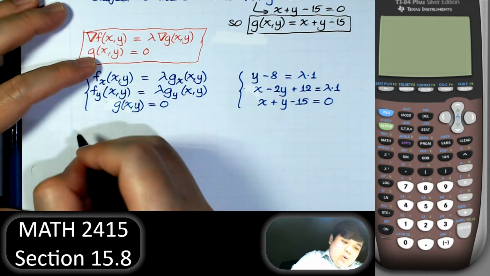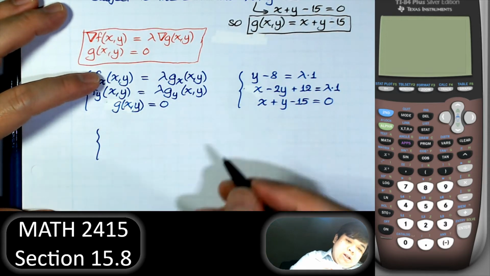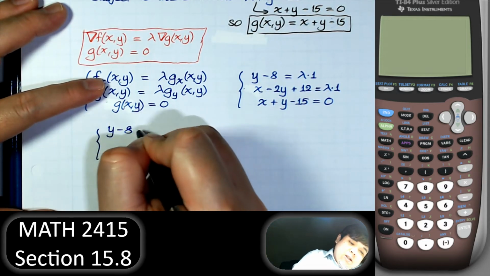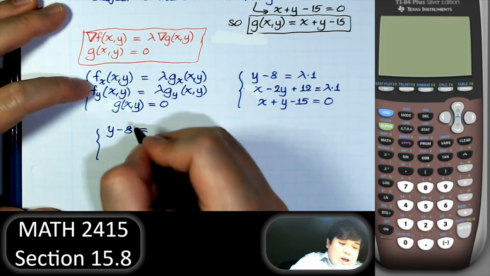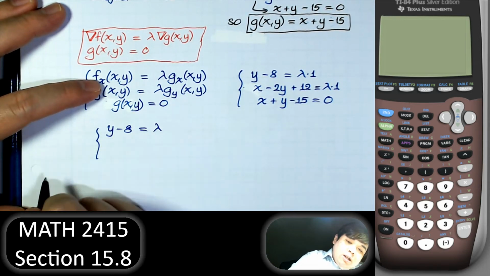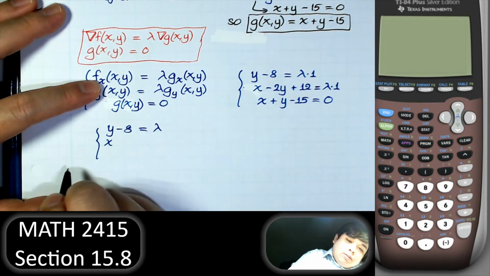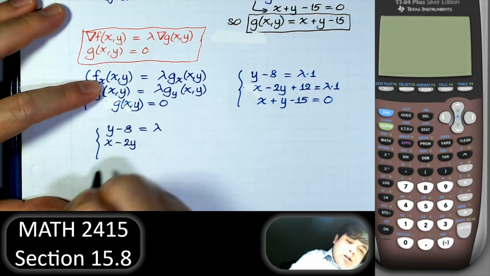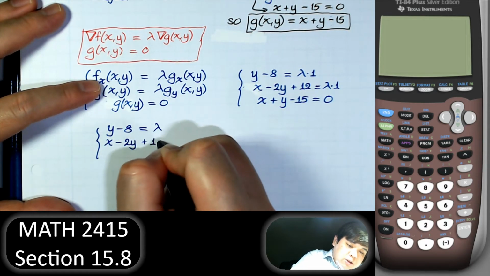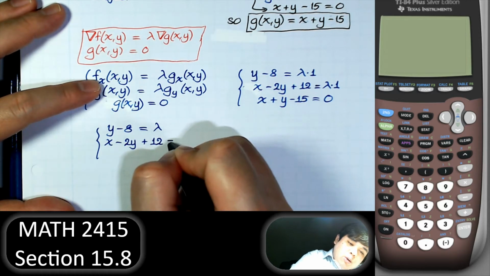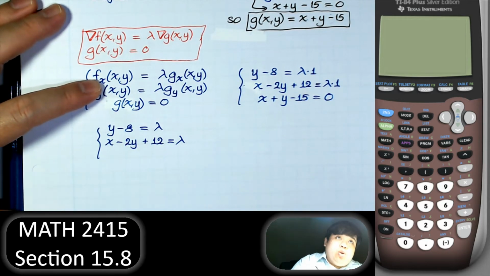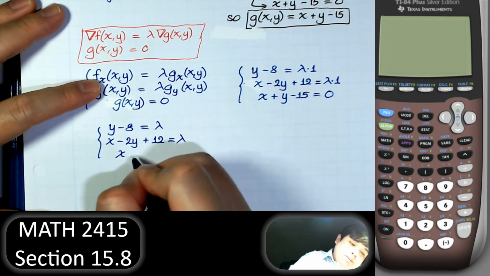Right, we write this equation: we will have y minus 8 equal to lambda, and x minus 2y plus 12 equal to lambda. Since both of them equal lambda, they should equal each other.